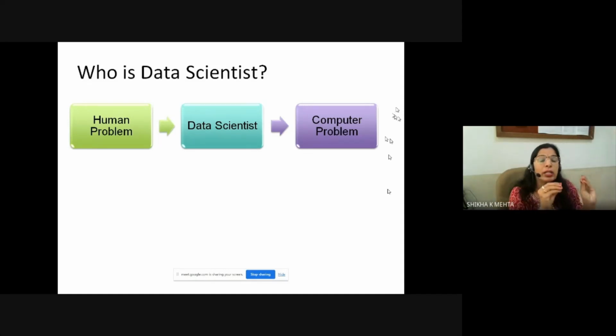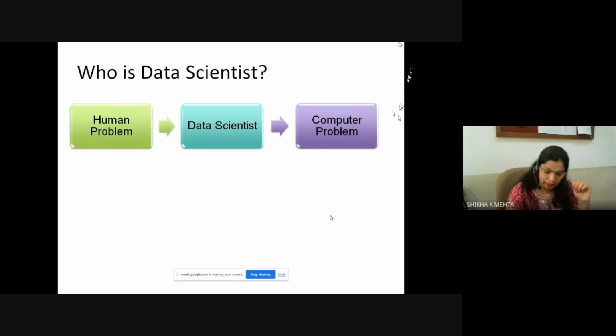He only knows that he wants to increase the sales of a particular product. And now whatever you do with the data we have, you tell me what algorithms, techniques or business strategies he should take up so that he is able to increase the business. So it is the role of the data scientist to understand the human problem, whatever it is, and then convert it into a computer problem.